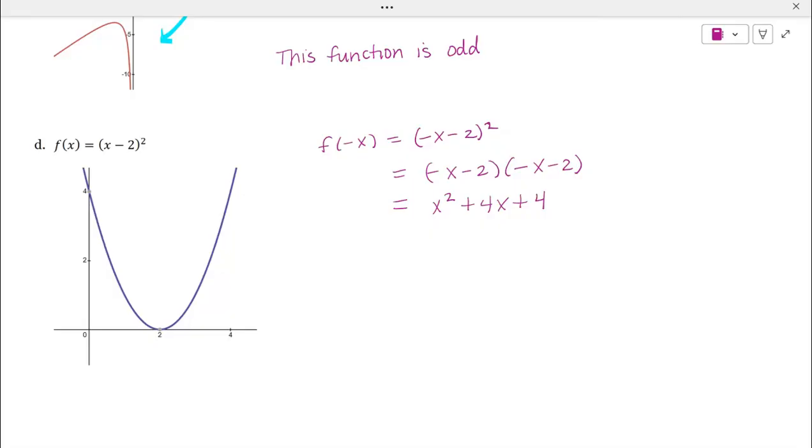Whereas the original that I had, f of x, which was x minus 2 times x minus 2, is x squared minus 4x plus 4. These two are not equal to each other. And it's also not that one is completely the negative of the other. So this is neither even nor odd.